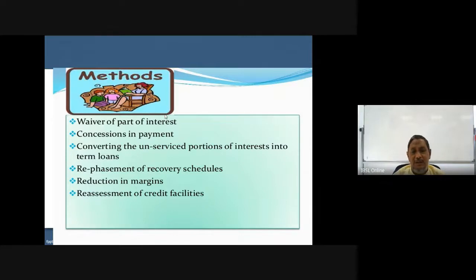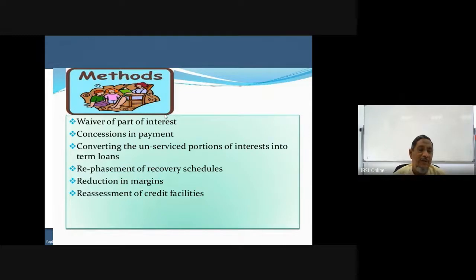Now, what is the policy of the bank when going for interest waivers? I'll discuss that in the last session, on interest waivers and capital write-offs, along with the further actions to be taken. Whenever it comes to interest waiver, we have to think about these facts.